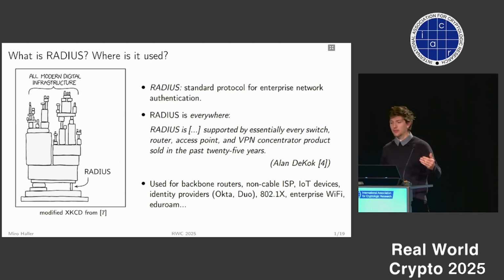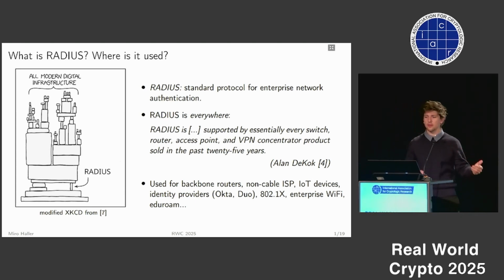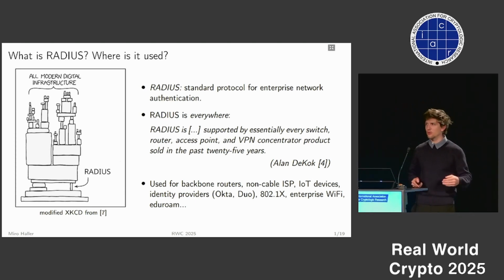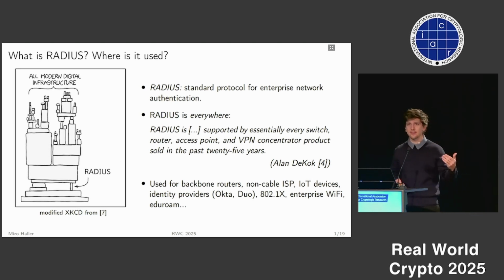Almost all non-cable ISPs are using Radius internally. Radius is also used to authenticate access to internet control systems and power grid controllers. It's also one of the supported ways of integrating with identity providers such as Okta and Duo, and to support multi-factor authentication. Radius is also used inside 802.1x and therefore used for authenticating access to enterprise Wi-Fi or eduroam.